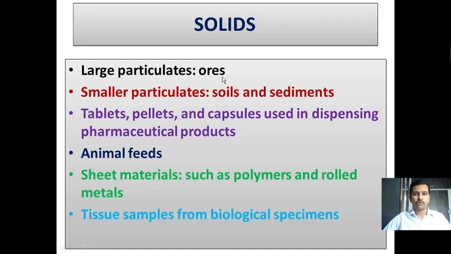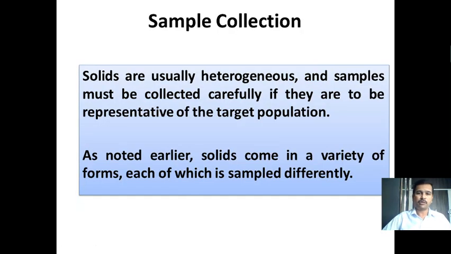So you may have to analyze the ore sample, the soil and sediment samples, a tablet or pellet or capsules, metal sheets or bricks or large objects of metals or polymers, and the biological specimens have to be subjected to analysis from a tissue sample. While handling all these solid samples, how to implement the sampling plan is very important to understand.